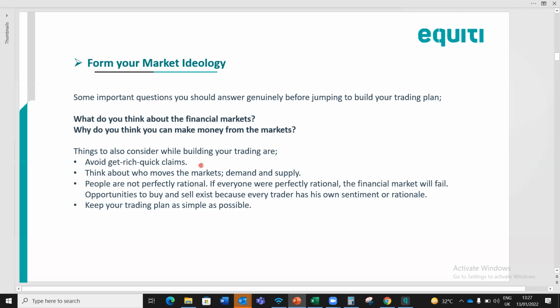Also think about who moves the market: demand and supply. I already have a training on demand and supply. Now, for you to know who moves the market is very, very important. Know the big sharks. Let me take for instance the NFP, the non-farm payroll. The non-farm payroll causes a large movement in the market.